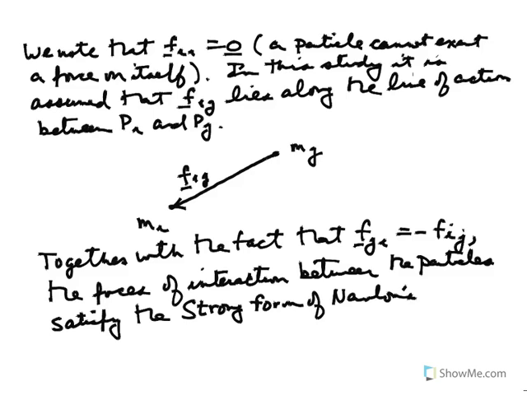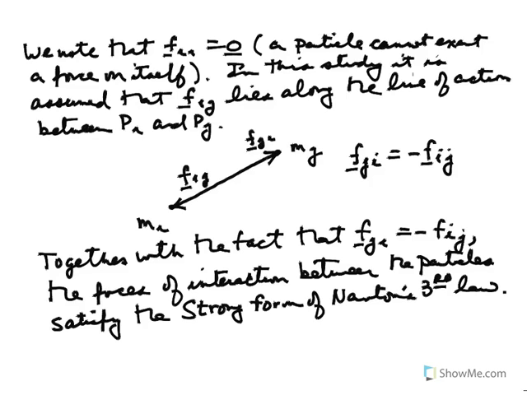Now, Newton's third law says that for every action there's an equal and opposite reaction. But it doesn't say anything about the line of action along which the forces lie. In this particular case, Fij is in the equal and opposite direction as Fji. So Fji is equal to minus Fij, but there's also the additional assumption that these forces lie along the lines of action connecting mi and mj. So that's what's called the strong form of Newton's third law.